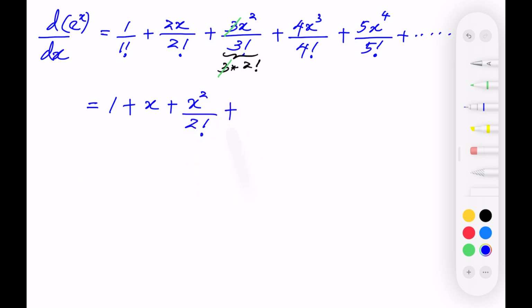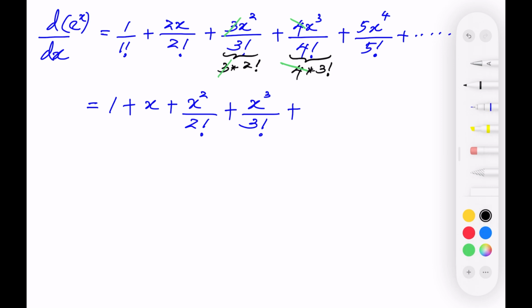Similarly, there is another plus sign, and the factorial 4 in this term can also be written as 4 times factorial 3. It can be simplified as the 4's are cancelled from the numerator and the denominator. So that next term becomes x cubed over factorial 3. You can see the same thing happening with the next term.